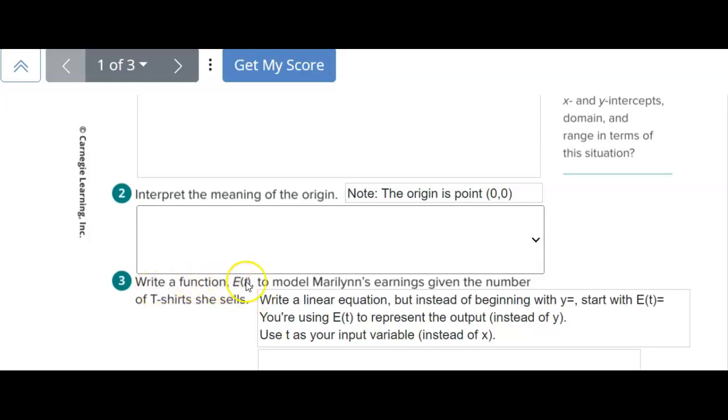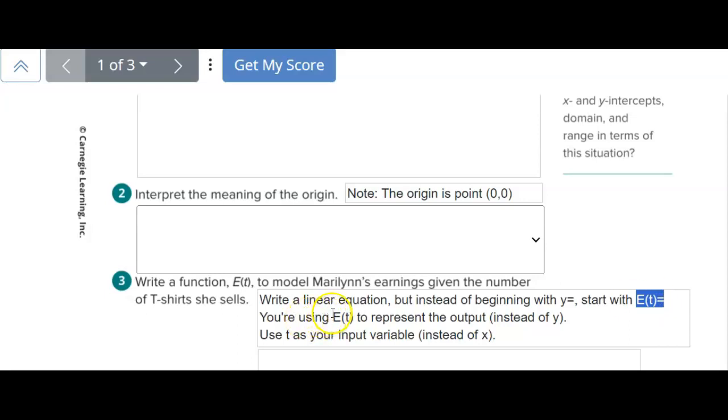So you're going to write a function, E of t, to model Marilyn's earnings given the number of t-shirts she sells. So basically what you're doing is you're writing a linear equation like we did last week. But instead of starting your equation with y equals, you're going to start it with E of t equals. You've seen this a little bit, but it's been a couple weeks.